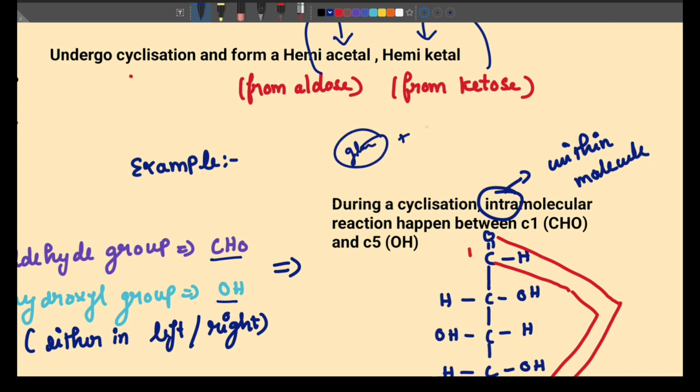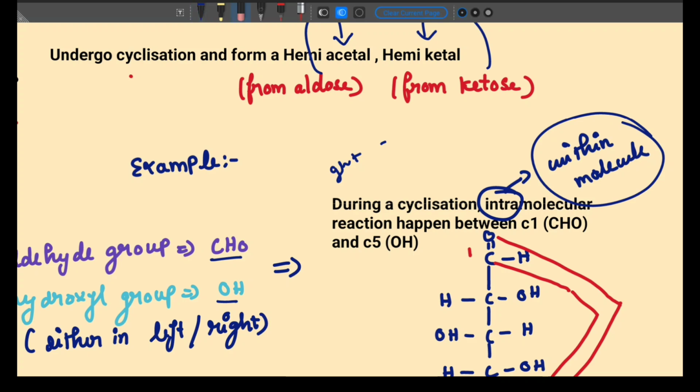I am not adding one glucose to another glucose. If it is within the same molecule, then we call it an intramolecular reaction, which means within the molecule. If I am adding glucose plus fructose, then that means an intermolecular reaction. You need to know the difference between intra and inter.